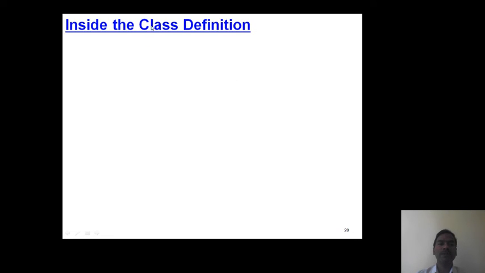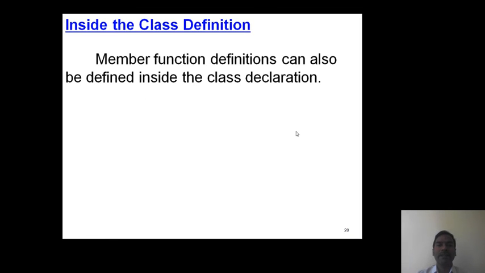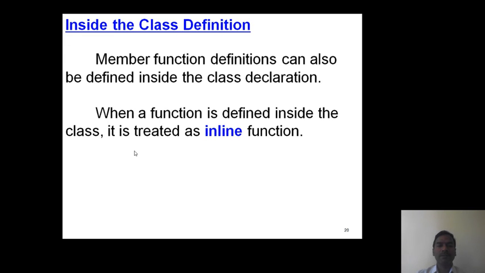Now case 2: a member function can also be defined inside the class. In such cases, the function is treated as an inline function. So when a function is defined inside the class, it is treated as an inline function.